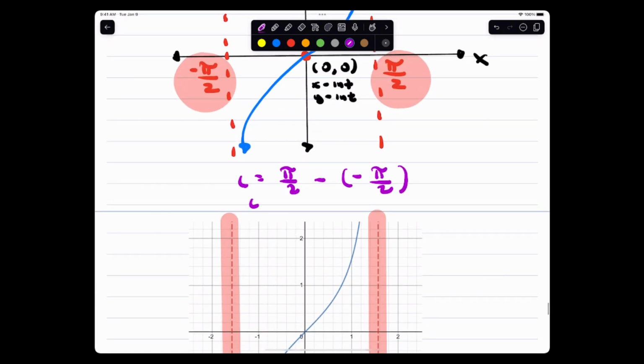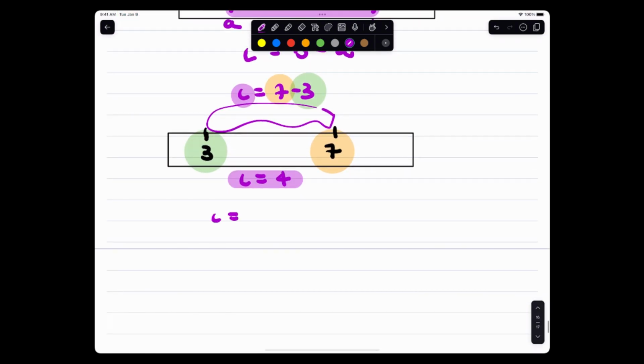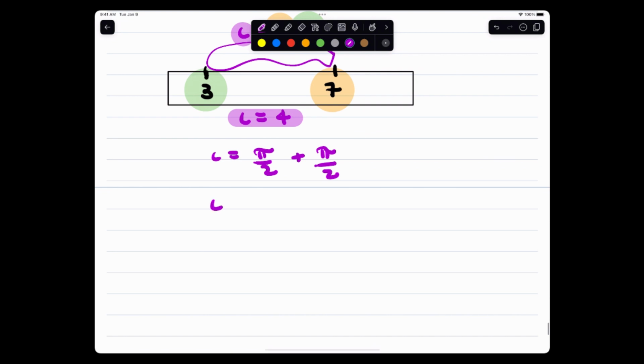Minus a minus makes that a plus. So pi over 2 plus pi over 2 is 2 pi over 2. And what does that equal? Pi.